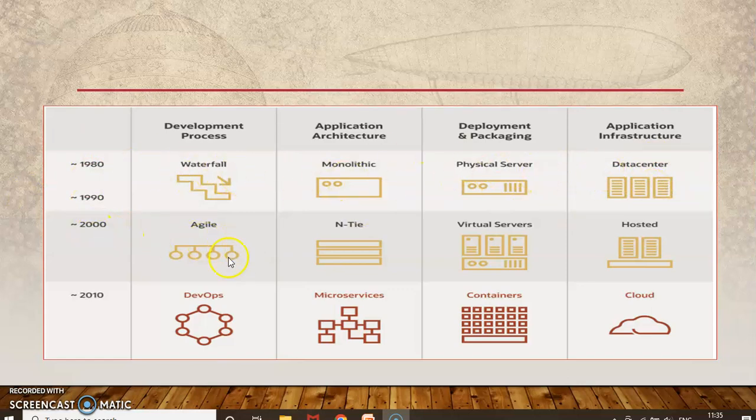And then came 2000, agile based application development. When the internet came, from 2-tier, that is client server, we moved into 3-tier, wherein we had the browser, and that is where we had virtual servers. Virtualization came in, and then the hosted environment. But the virtual server is now more predominant, particularly with the cloud environment, and containers are now catching up.